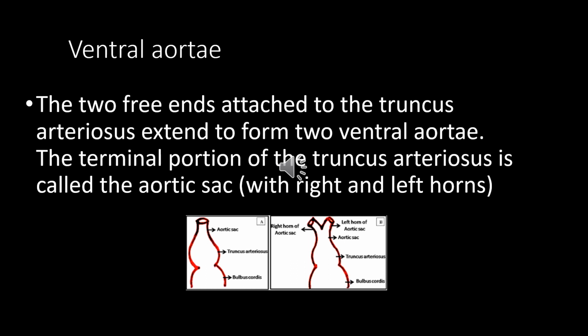That means if we trace the truncus arteriosus cranially, it will be called aortic sac, and its two horns shall be called the right and left horns of the aortic sac. And so together it will become the ventral aorta.